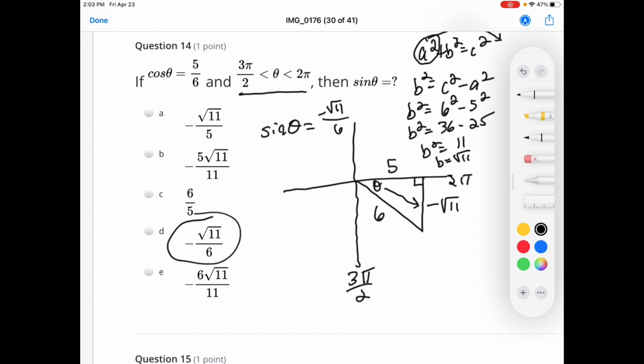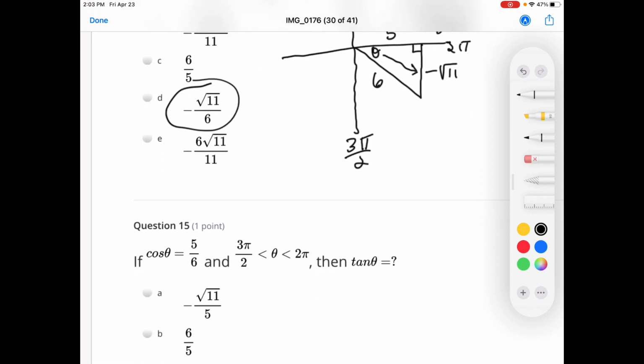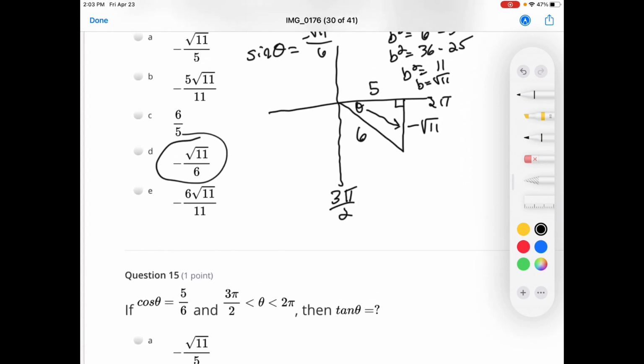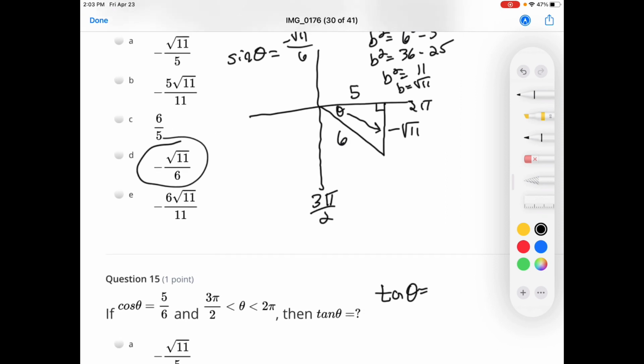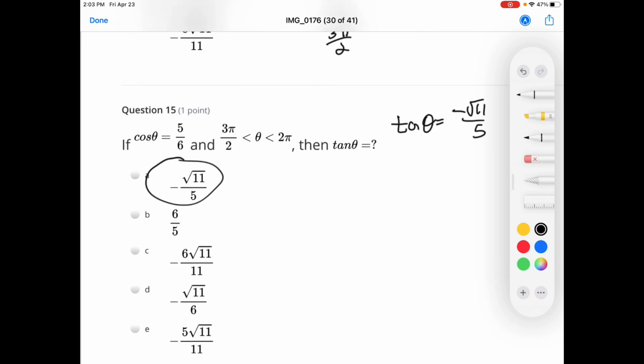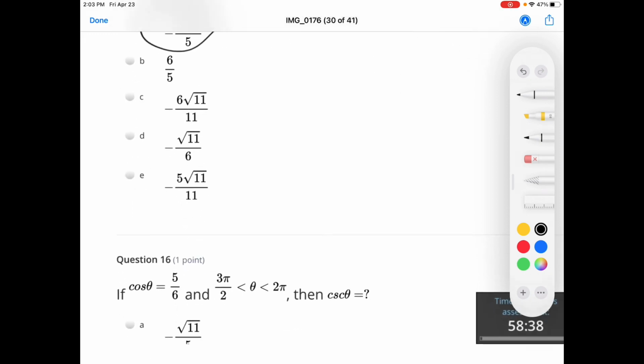Okay. Let's find tangent. Number 15 is tangent. Tangent theta would be opposite over adjacent. Negative root 11 over 5.